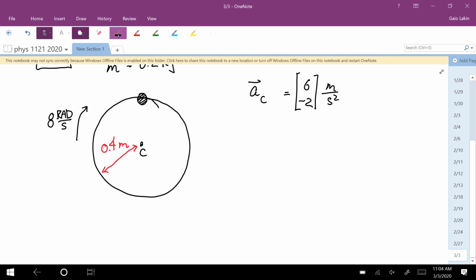So we want to calculate the acceleration vector of the object at the instant shown, and then the net force.